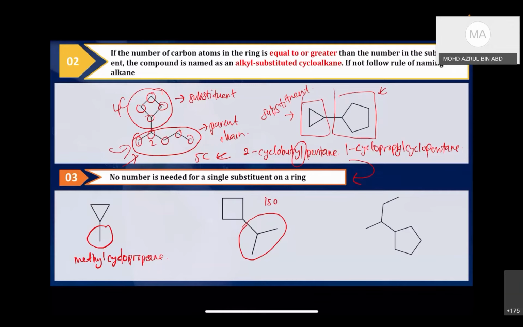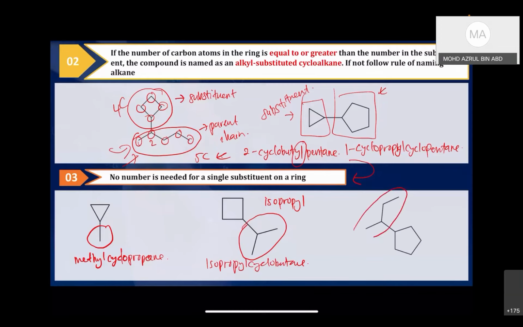Isopropyl. Yes, isopropyl. Okay, just remember, if the shape is like this, we call it isopropyl. So we can name it as isopropylcyclobutane. Same as this one.